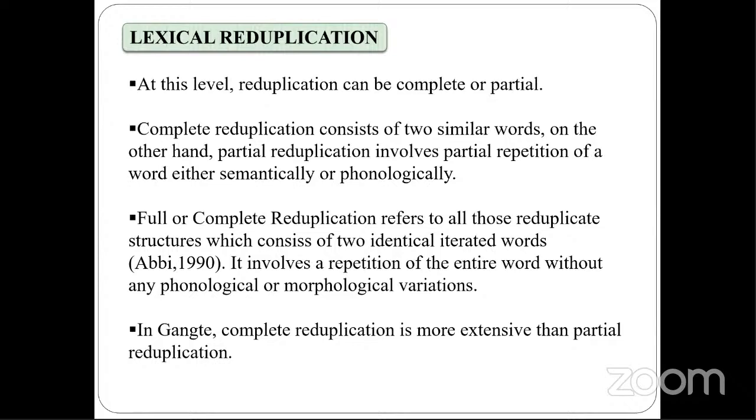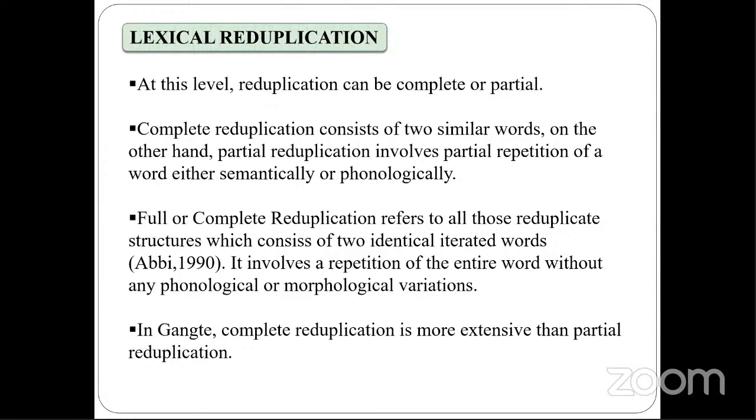And in lexical reduplication, at this level, reduplication can be either partial or complete. In complete reduplication, there are two similar words. On the other hand, partial reduplication involves only a partial repetition of a word, either semantically or phonologically.